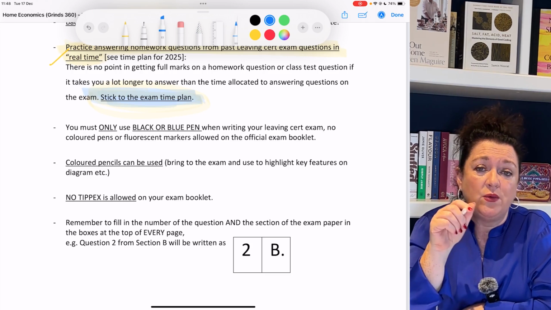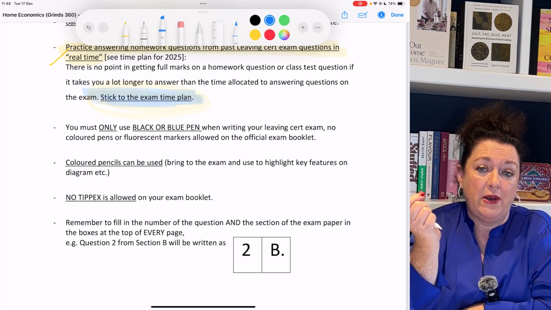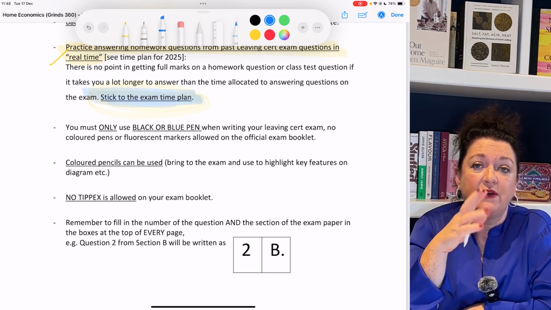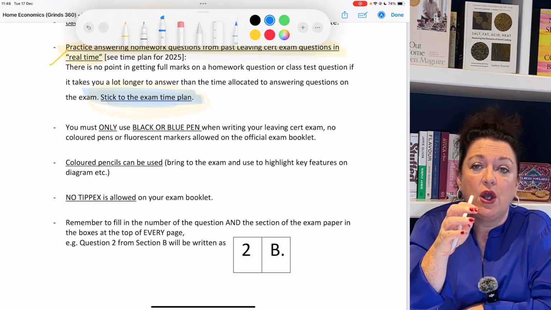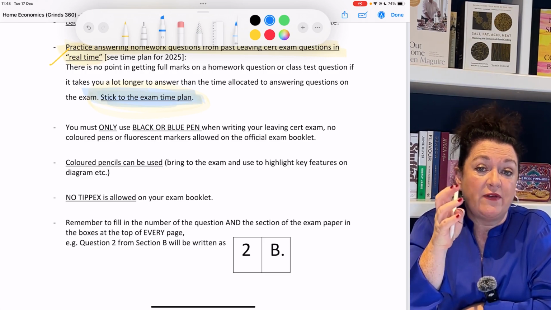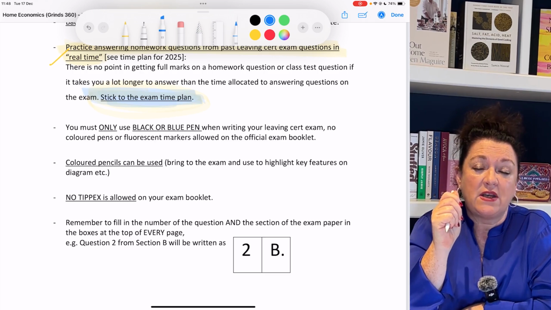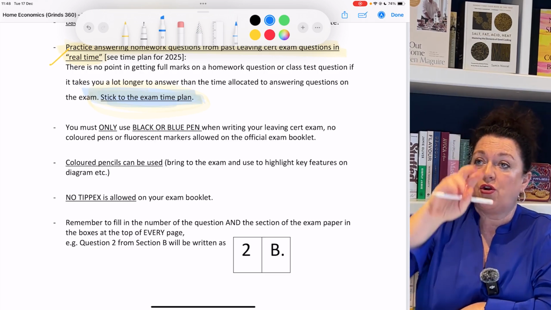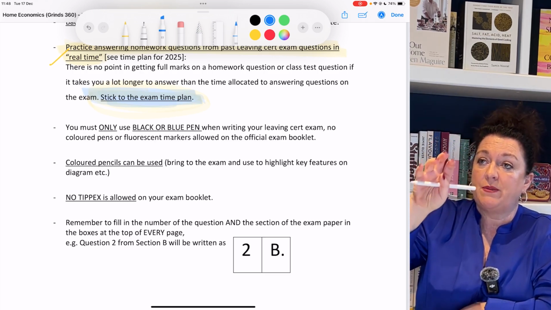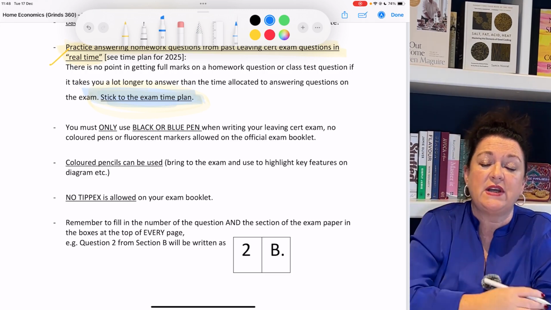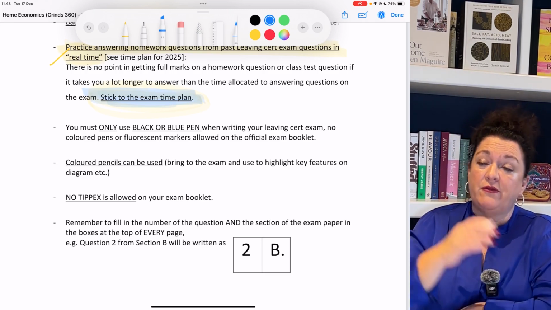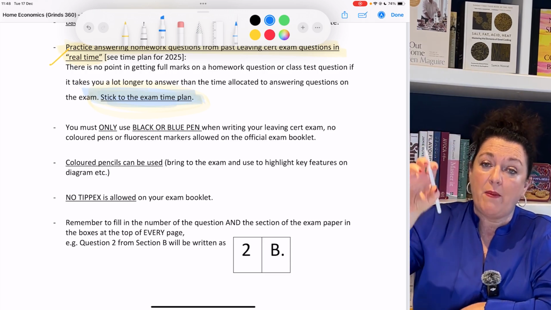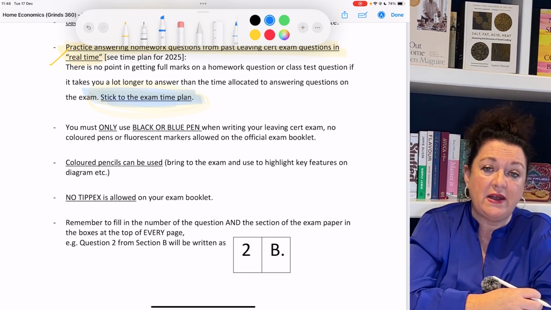However, I still would have blue and black Bic biros because, say for example, we haven't been asked about lipids since 2018, which happens to be 7 years ago. And they ask about, describe the structure of a monounsaturated, polyunsaturated, saturated fatty acid. I will need to show on my diagram for each of the three a carboxyl end and a methyl end.